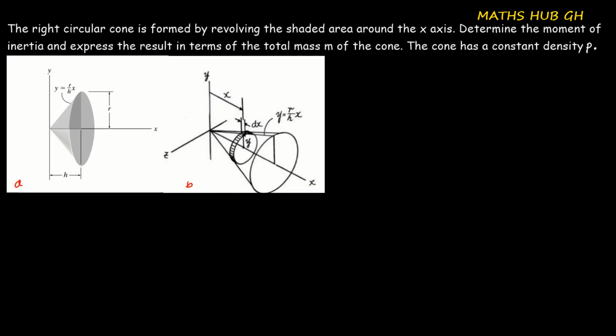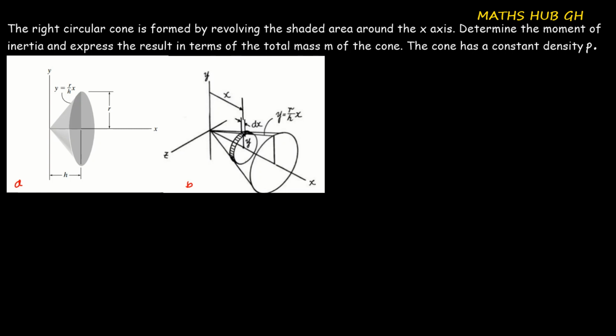Now to solve this question, you are going to use the disc method like I said earlier, to find the total mass moment of inertia of the circular cone. We will assume that this circular cone is made up of small circular discs, piled up to form the circular cone.